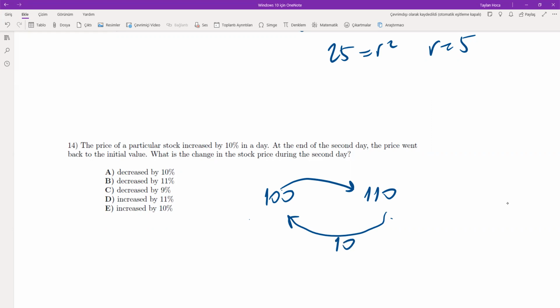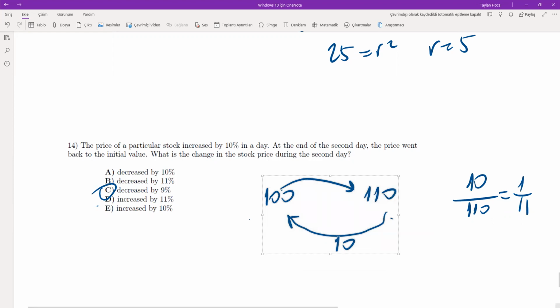So it decreased by 10 in the second day. So it decreased 10 in 110. So 1 over 11, which is about 9%. Do these small things in your solutions. You won't lose anything by drawing this one, okay? Any questions about this?